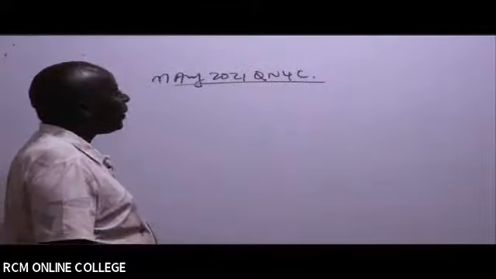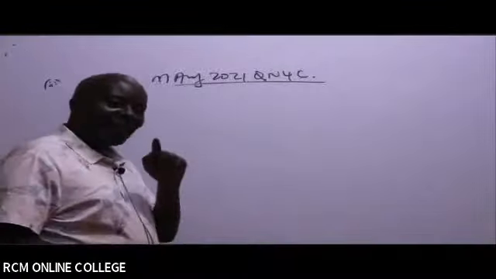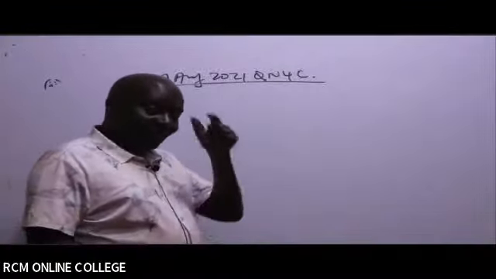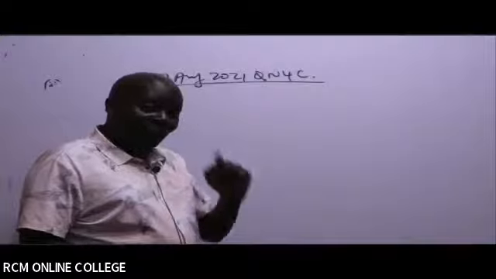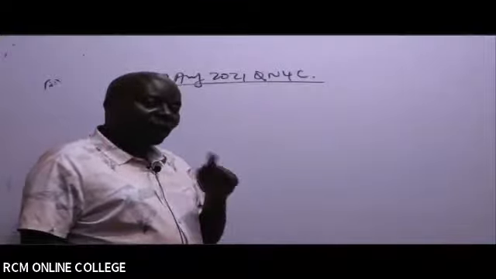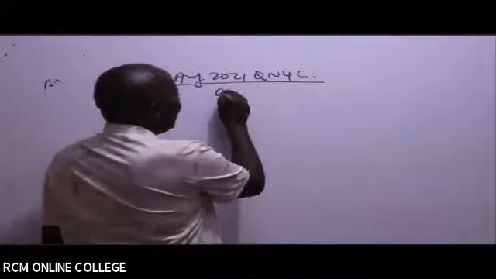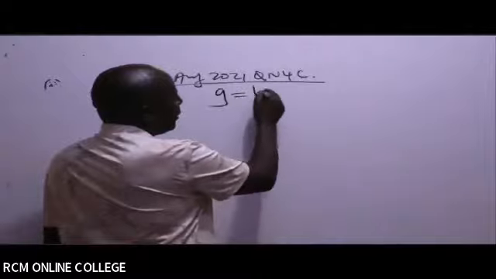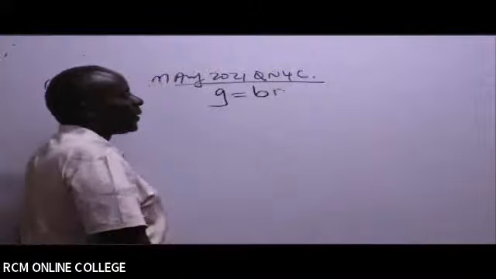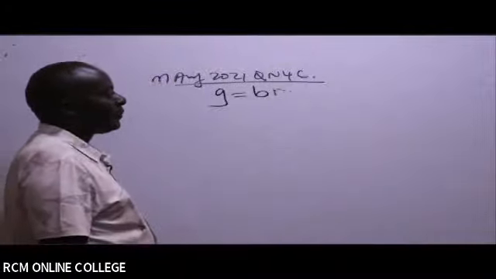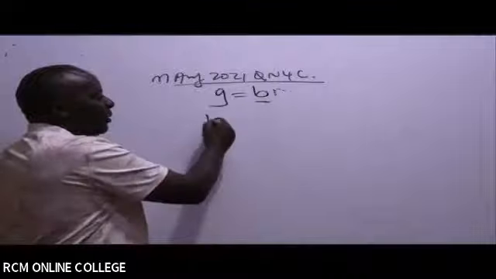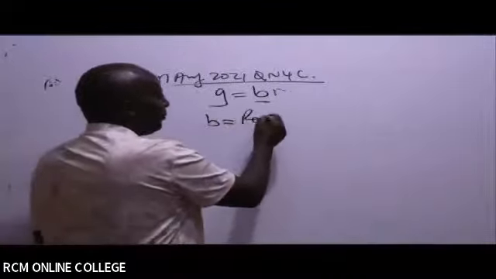Now, this question, the only tricky area was in terms of getting G. Once you know how to get G in these questions, you are done. G, this growth rate. So you know that the growth rate is BR. I don't have a problem with B. B is a retention ratio.